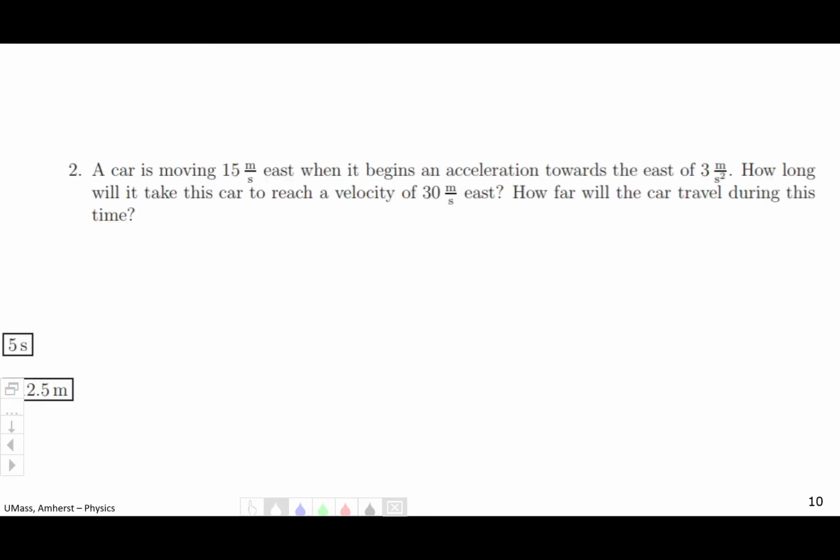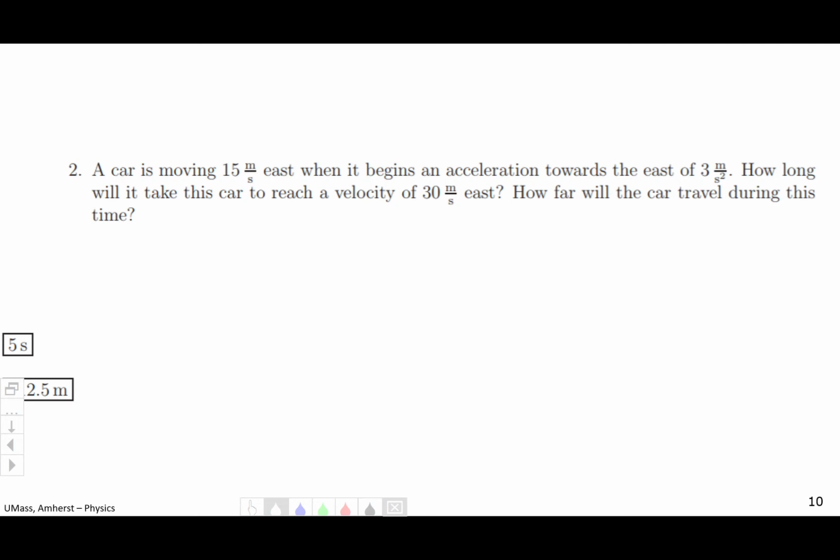Okay. A car is moving 15 meters per second east when it begins an acceleration towards the east of 3 meters per second squared. How long will it take this car to reach a velocity of 30 meters per second east? How far will the car travel during this time?